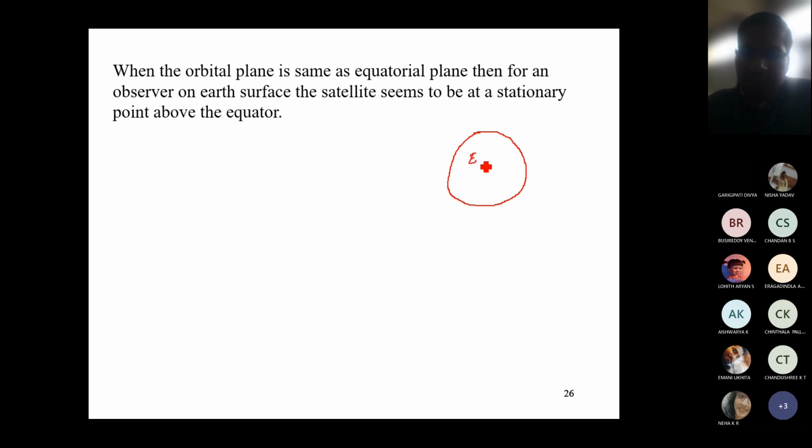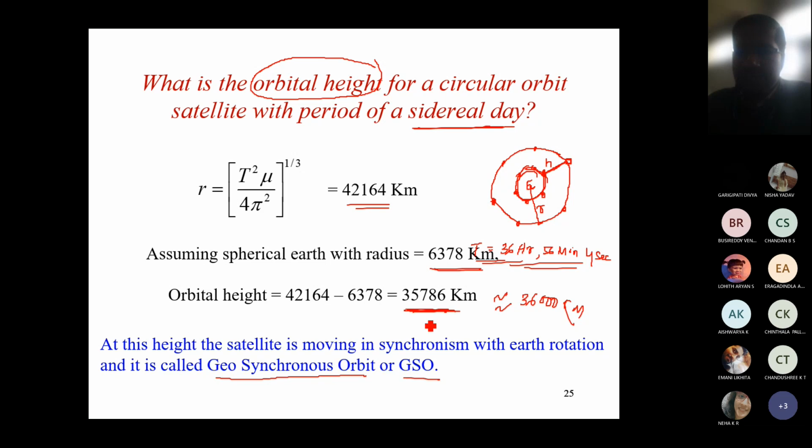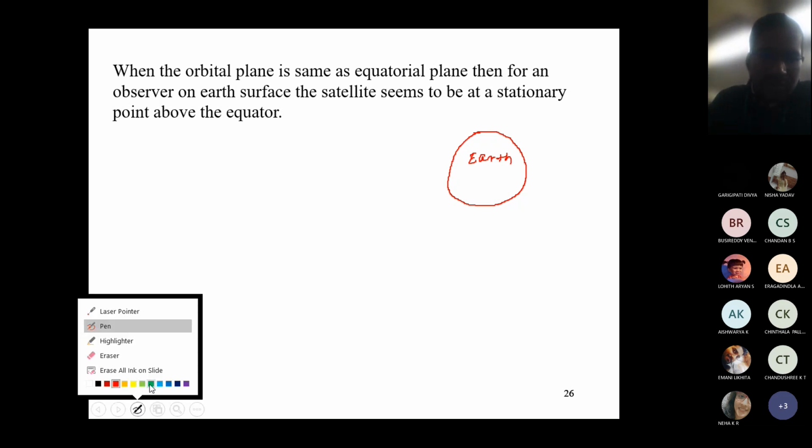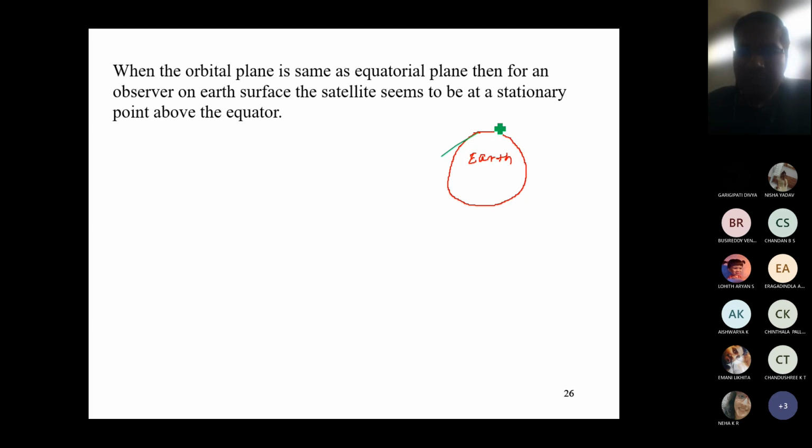This is the Earth. Okay. So when we discussed in the previous slide, we discussed the geosynchronous orbit. The geosynchronous orbit is the orbit located at an orbital height of around 36,000 kilometers.